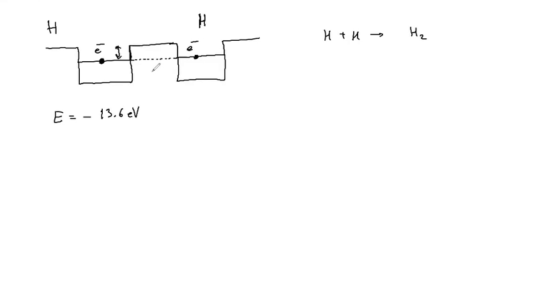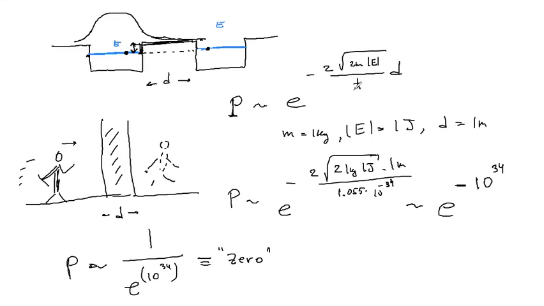The distance, let's assume it's a typical atomic distance, 10 to minus 10 meters. Then distance, energy, what else? The mass. The mass of the electron is 9.11 times 10 to minus 31 kg. What else do I need to estimate the probability? I need m, energy, distance, and Planck constant. I believe I'm fine, yeah?